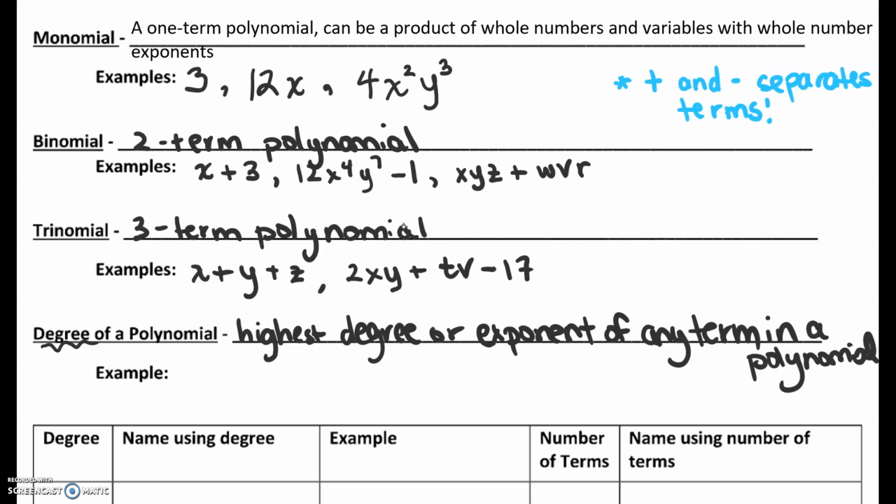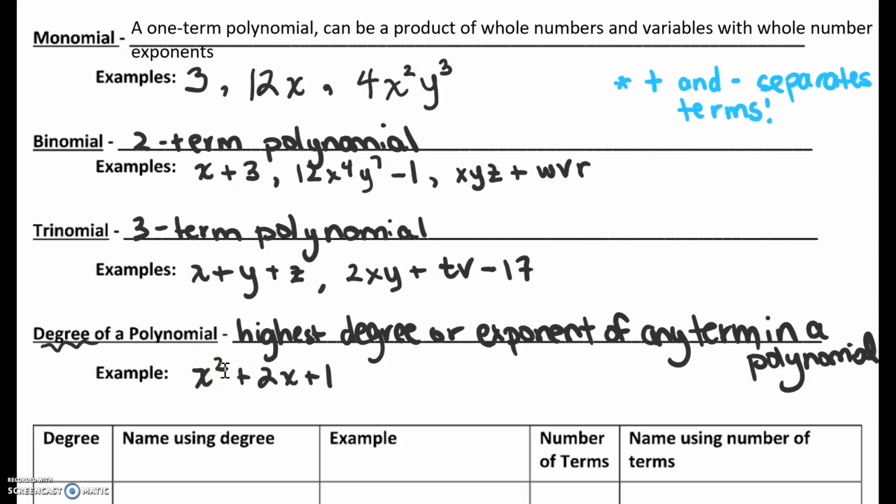Okay, so if we look at an example like x squared plus 2x plus 1, I'm going to look for the highest exponent or degree of any term. Well, there's only one term that has an exponent that is written.